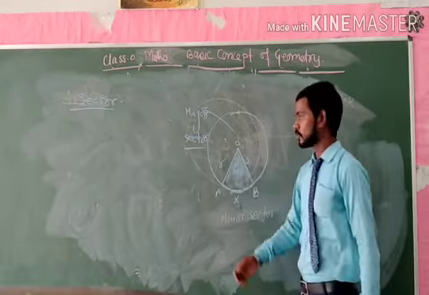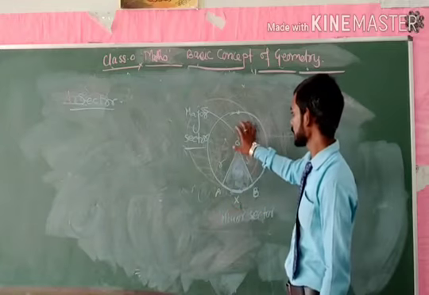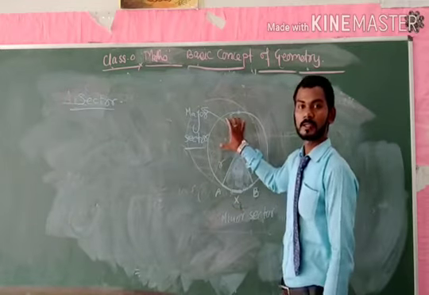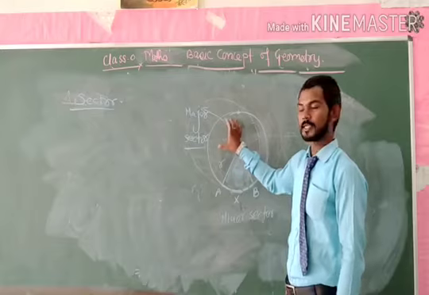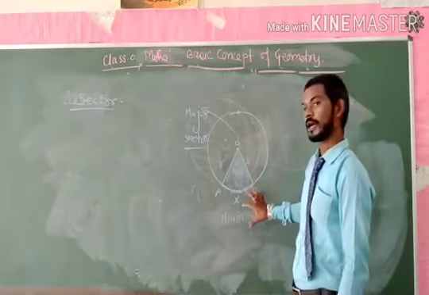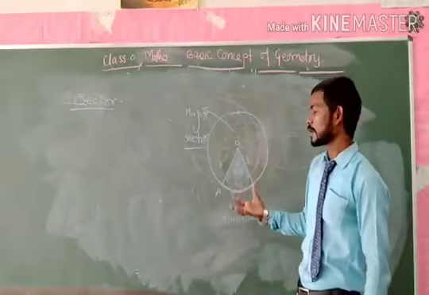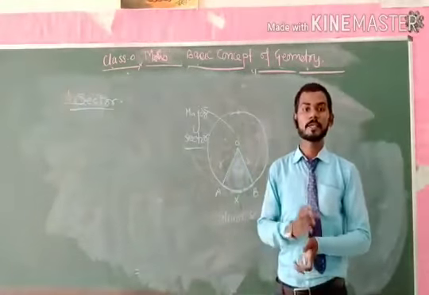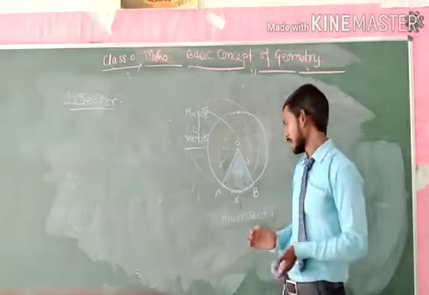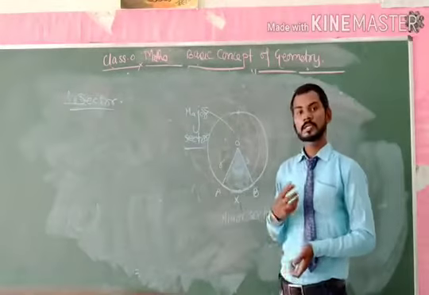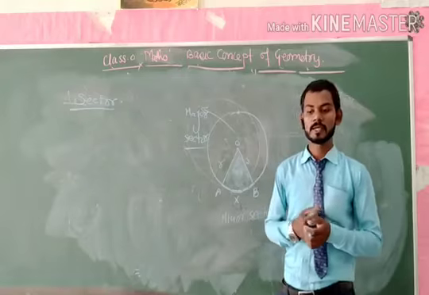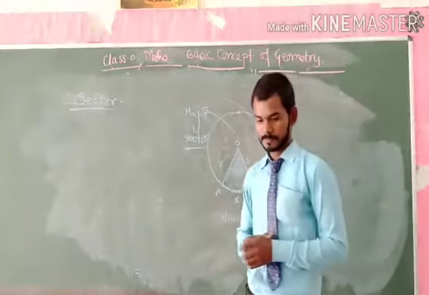Why do we call it so? Because in the major sector the area is larger than the area of the minor sector. So the sector which has the larger area is known as the major sector, and the sector which has the smaller area is known as the minor sector.